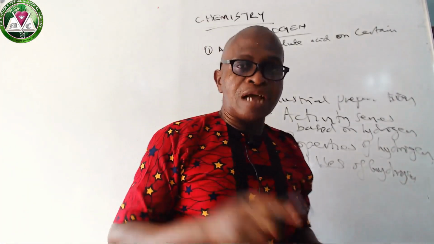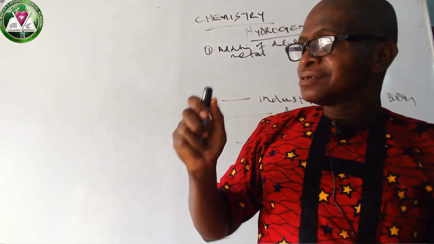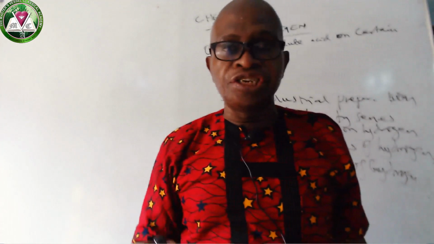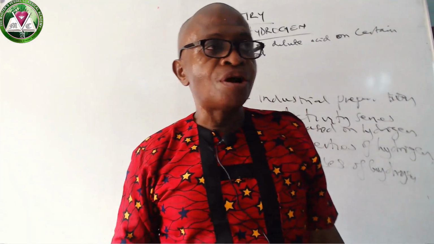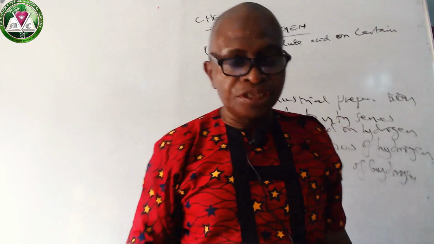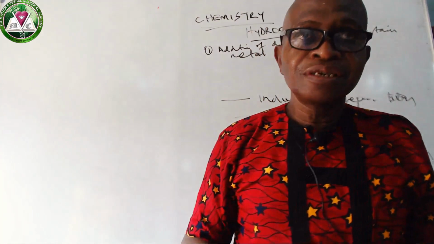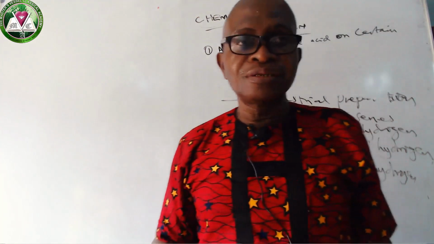You can produce hydrogen if you add a metal that is above hydrogen in the electrochemical series or in the activity series. Any metal that is above hydrogen, if you add dilute acid to it, it will liberate hydrogen.